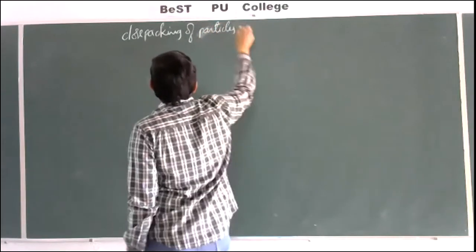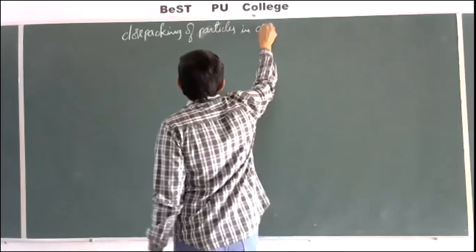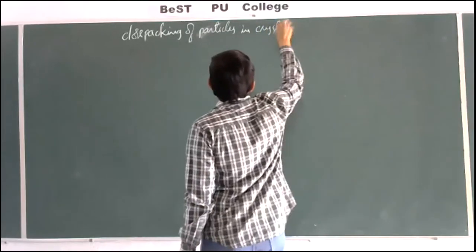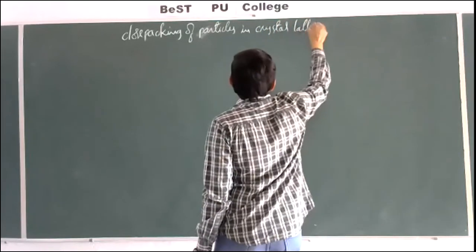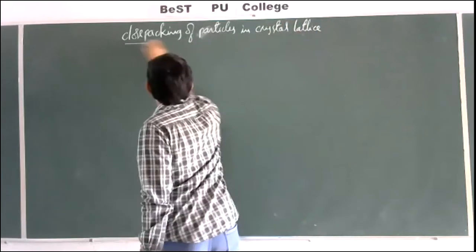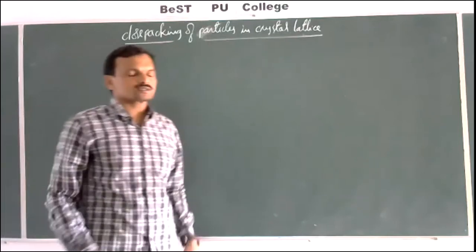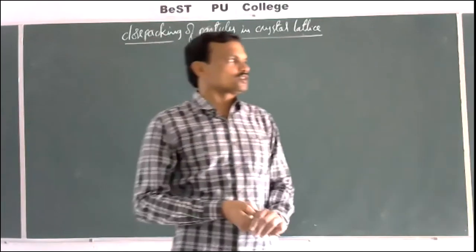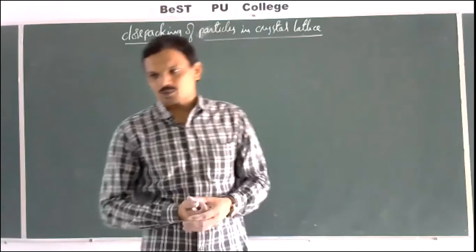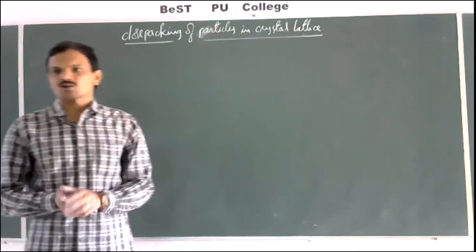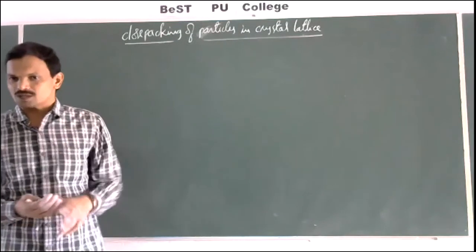Close packing of particles in crystal lattice. So we can discuss this close packing in 3 ways: one-dimensional close packing, two-dimensional close packing, three-dimensional close packing.